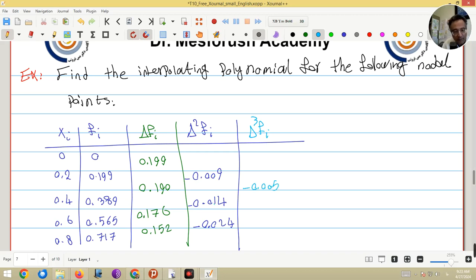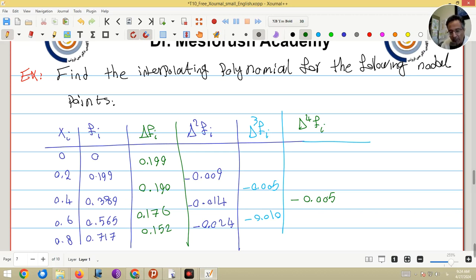This one minus this one will give minus 0.010. And finally, in the last column, I will get this one minus this one, minus 0.005. Okay, this is the finite difference, the forward difference table for these nodal points.